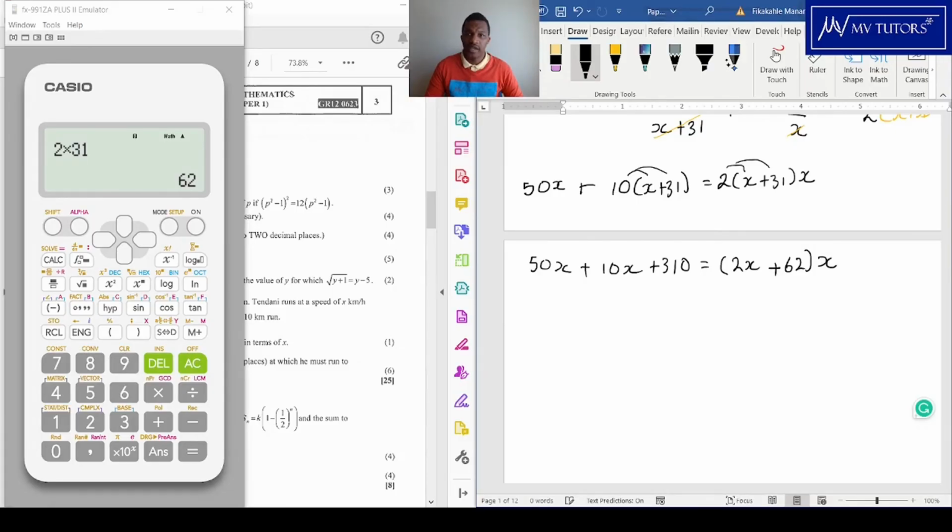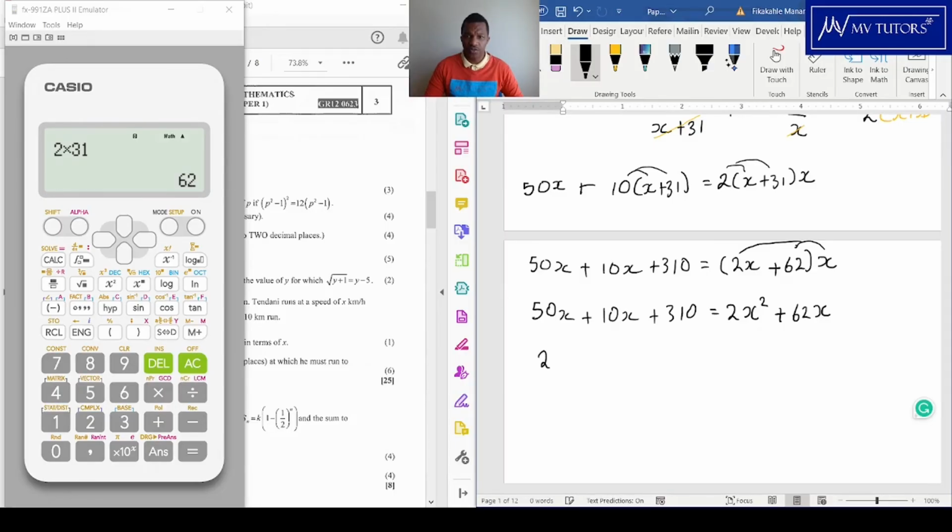Remember, we have an x outside there. And then I'm going to have 50x plus 10x plus 30. I'm not changing anything this side, I just want to multiply everything here. Secondly, let's start with 2x. 2x times x gives me 2x squared plus 6x. Right, now I want to bring everything to one side. I'm going to bring everything to the right.